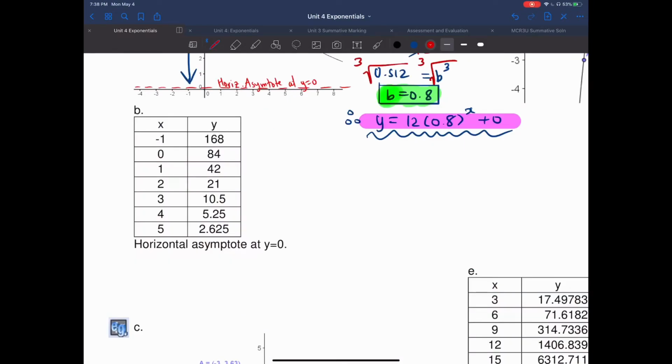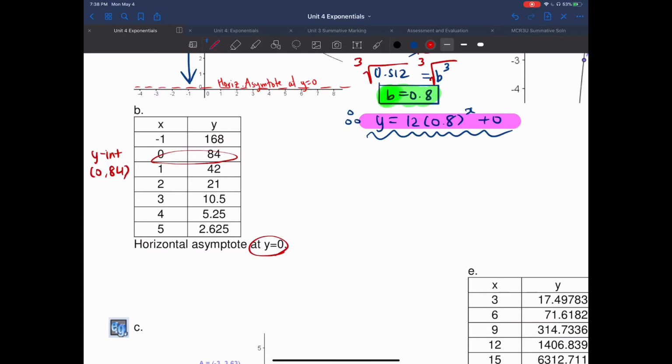Okay, so for question B, I'm given a table of values and trying to make some observations, and I notice that the y-intercept is (0, 84). Meanwhile, I am noticing that the horizontal asymptote is y equals 0.